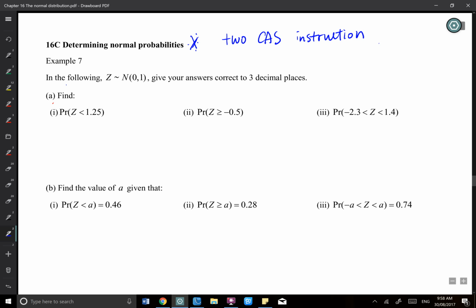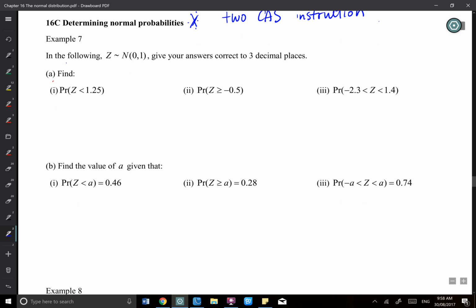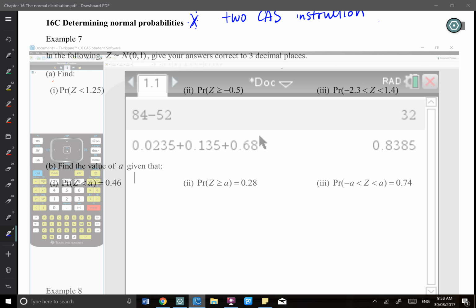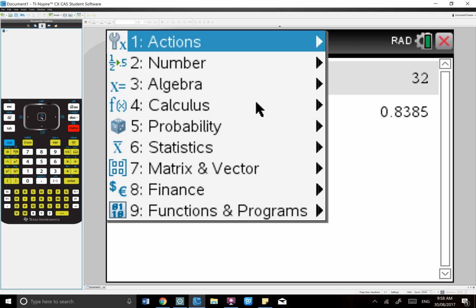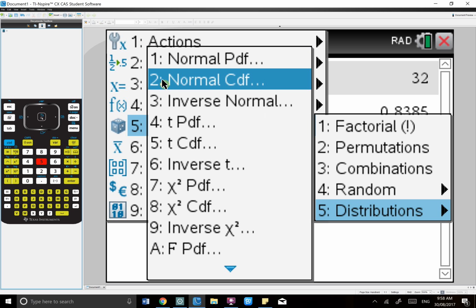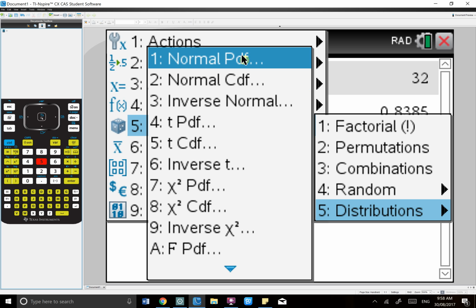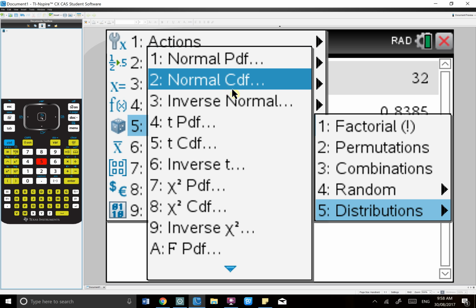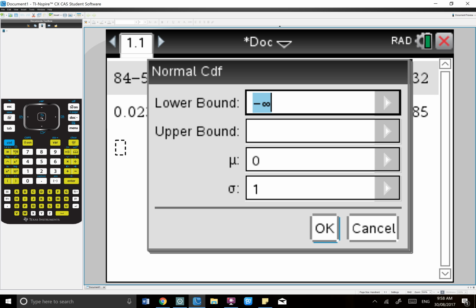Given the mean and standard deviation, 0 and 1, I want less than 1.25. So let's go to the calculator. Menu, number 5, and I want normal CDF. We never use PDF; we use CDF in this course, and we also use number 3 later. So we want less than 1.25, which is negative infinity to 1.25.